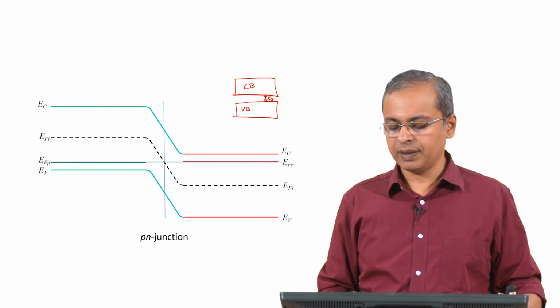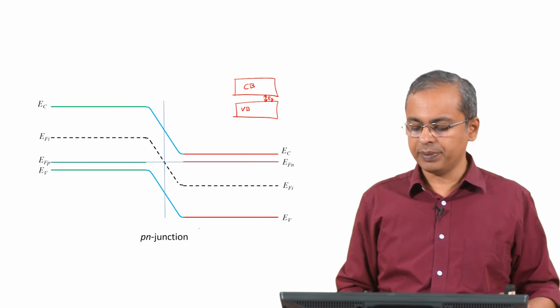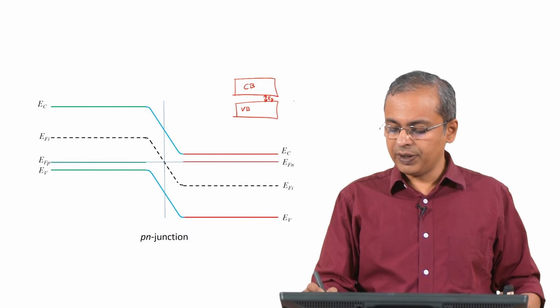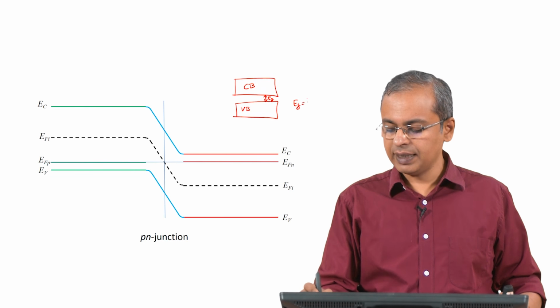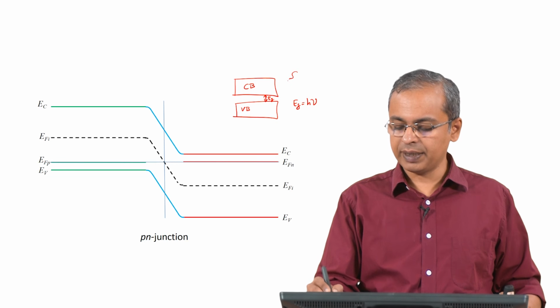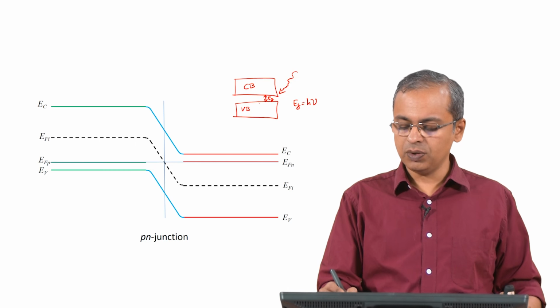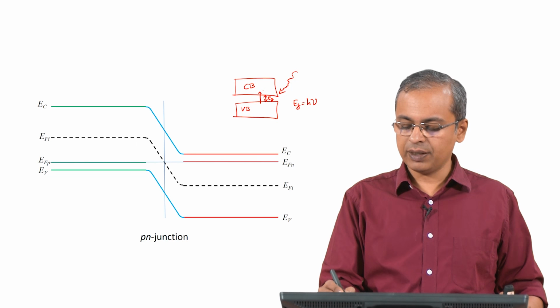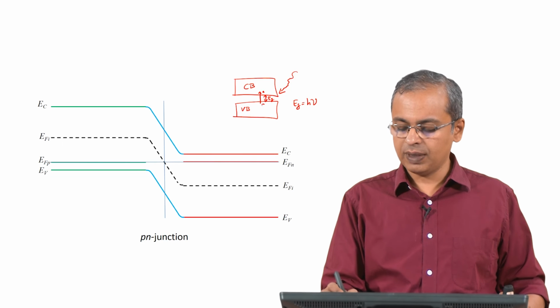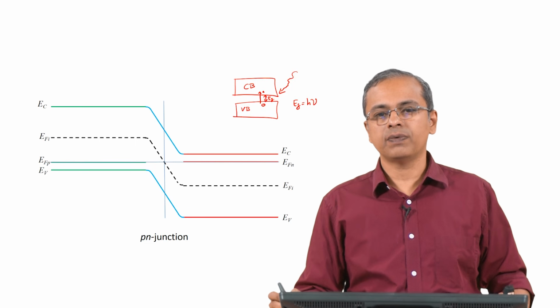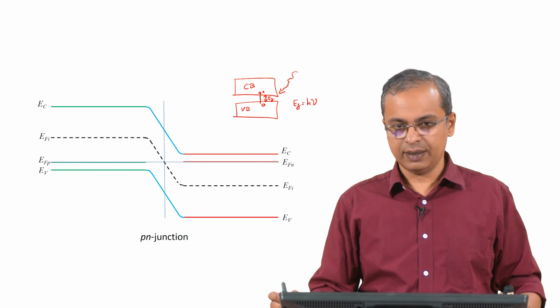Okay, so, that is a fixed band gap across the sample, Eg. So, when you have Eg equals h nu, you have some incoming radiation. When you have Eg equals h nu, you can have an electron transition, and you will have an electron sitting here, you will have a hole sitting here. So, this is what will happen when you have incoming radiation.